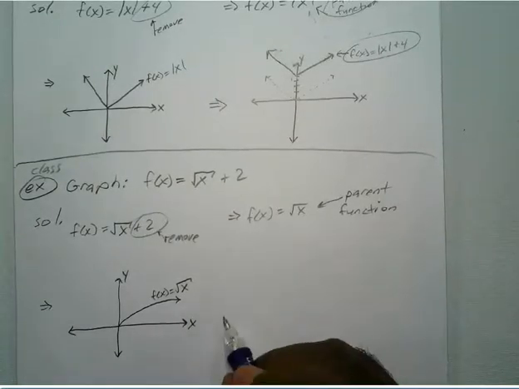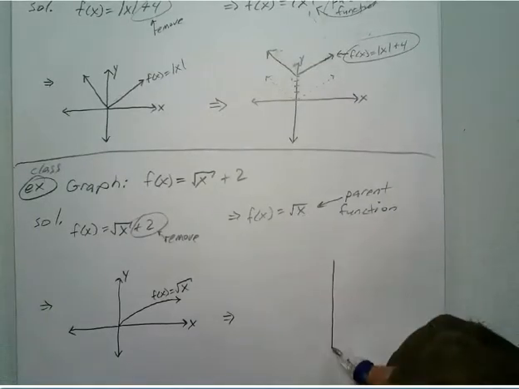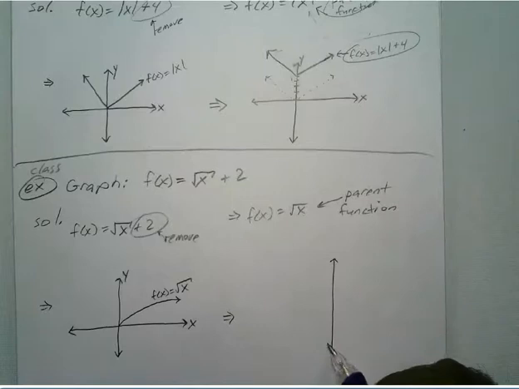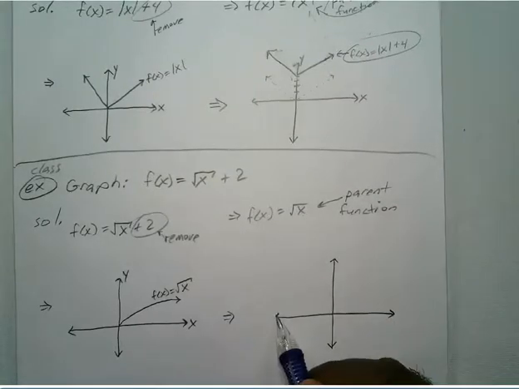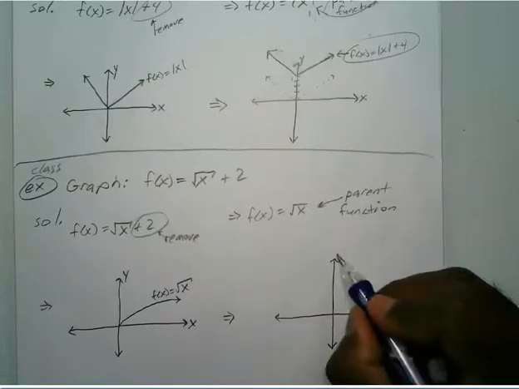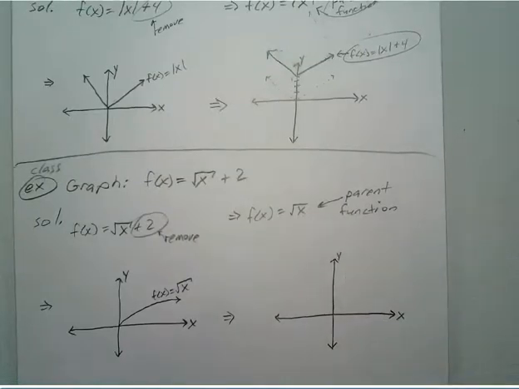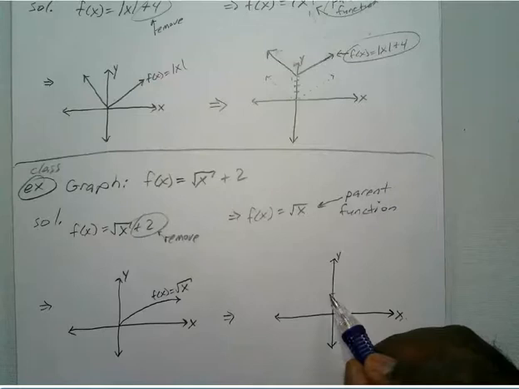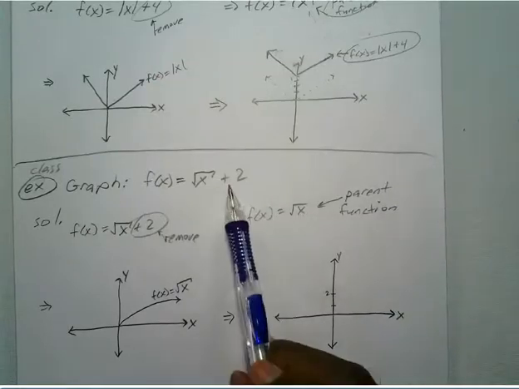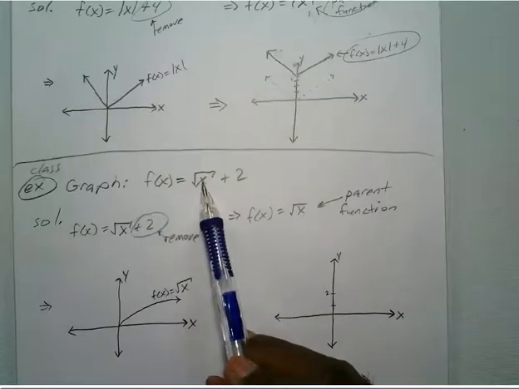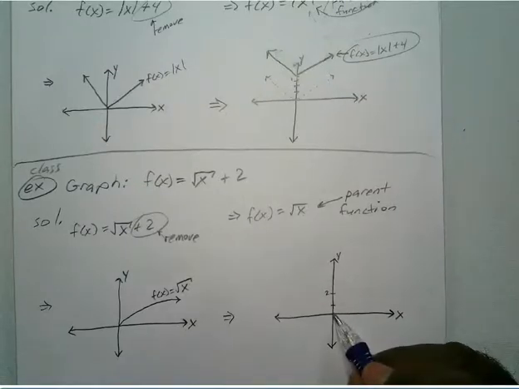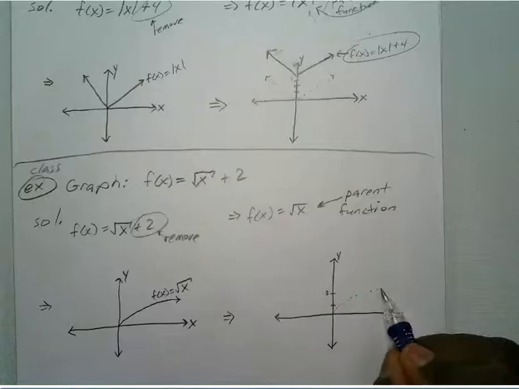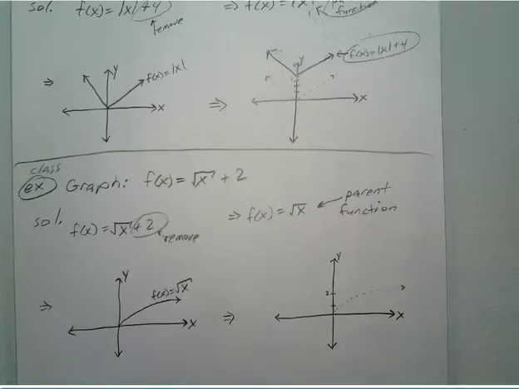Okay, so that means there we draw our xy axis again. And we know we're going to go up 2 spaces because that's our parent function plus 2. Our f of x equals square root of x kind of looks like that.